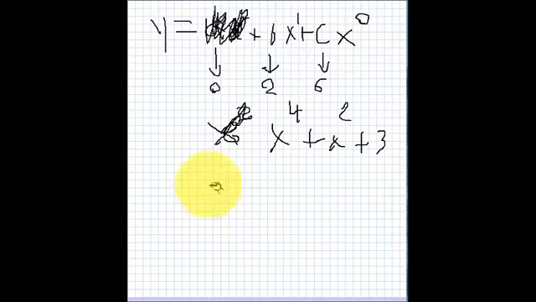So the degree of a polynomial is the highest exponent. This polynomial right here would be considered a fourth degree polynomial. Now, more importantly, if I were to put a 0x to the fifth, this just becomes 0, obviously, because it's multiplied by 0.